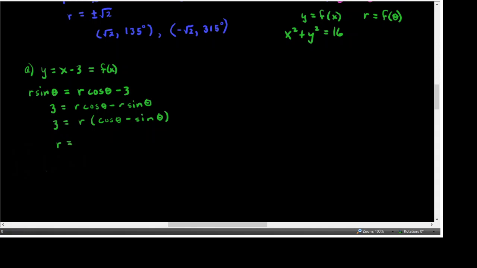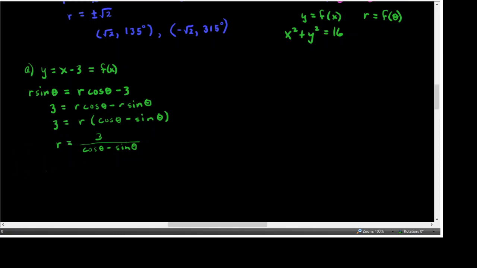So in this particular case, r is 3 divided by cosine theta minus sine of theta. And believe it or not, that's actually a simplified answer, and that's as far as we're going to go with it. Okay.